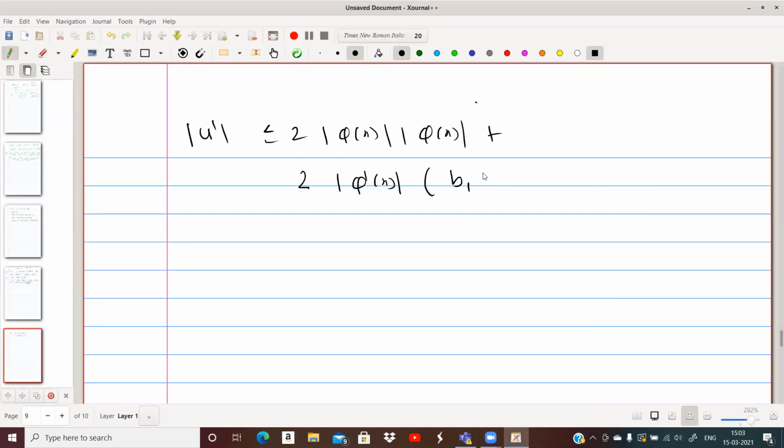Now phi double dash is less than or equal to what we have calculated, b1 phi dash x plus b2 mod of phi of x.